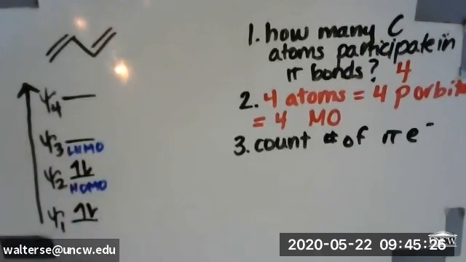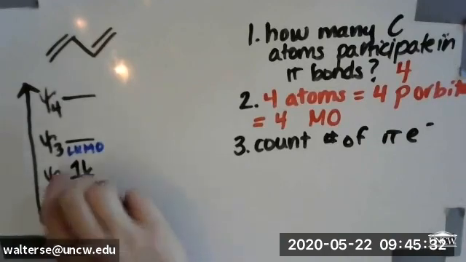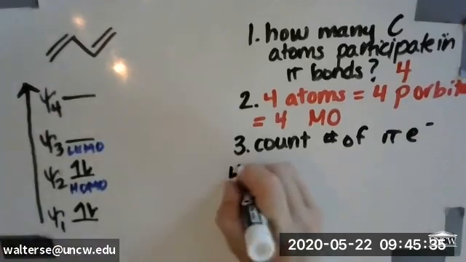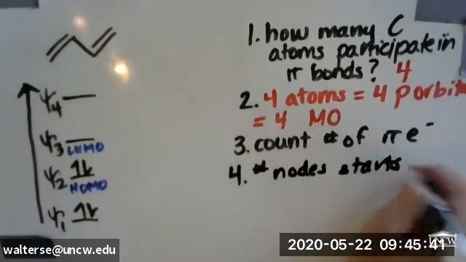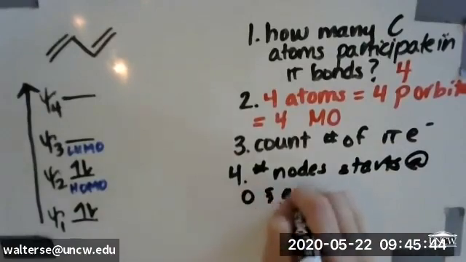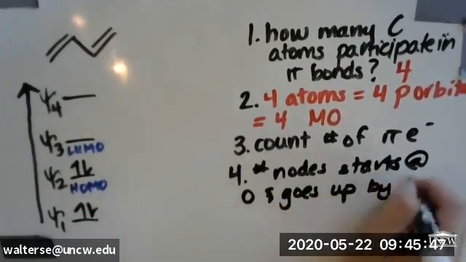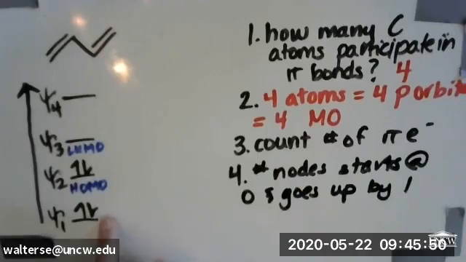Now if you say, well, what are they going to look like? If you label them 1, 2, 3, 4, the number of nodes starts at 0 and goes up by 1 each time. So this would have 0 nodes, 1 node, 2 nodes, 3 nodes. Now it takes some practice to figure out how that would look in terms of lining up the p orbitals, but 0 nodes is always having these parallel.